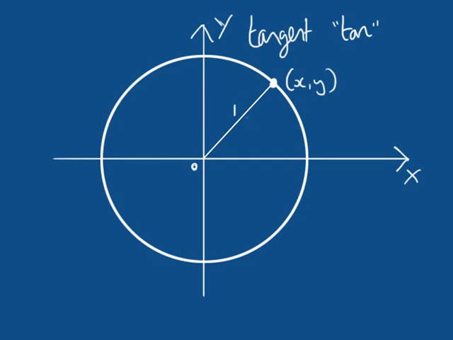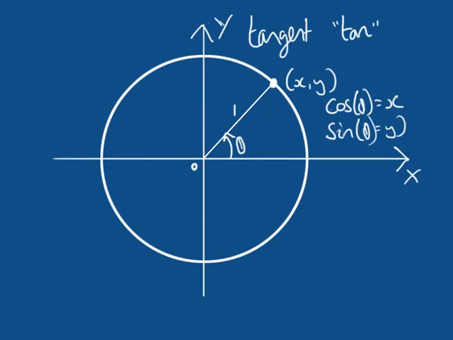In the previous video we saw that we can define the sine and cosine trigonometric functions based on the coordinates of that point by looking at the rotation of a line around the circle in the anti-clockwise direction from the x-axis. That rotation of theta means that our cosine of theta is equal to the x-coordinate and our sine of theta is equal to the y-coordinate.